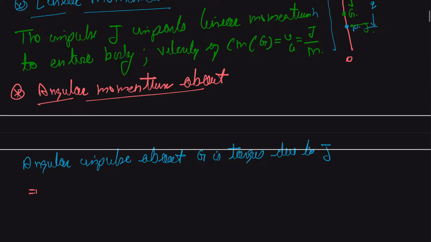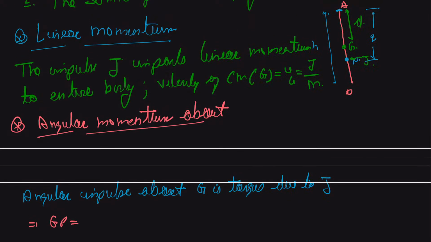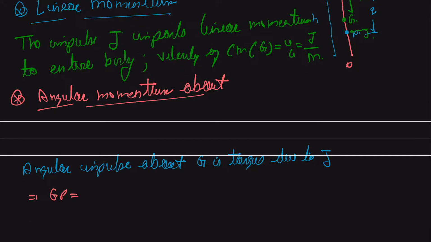Therefore we can say that this GP will be equal to Q minus d. And we know that our J is perpendicular to the median, therefore this Q minus d will be acting as a lever arm.